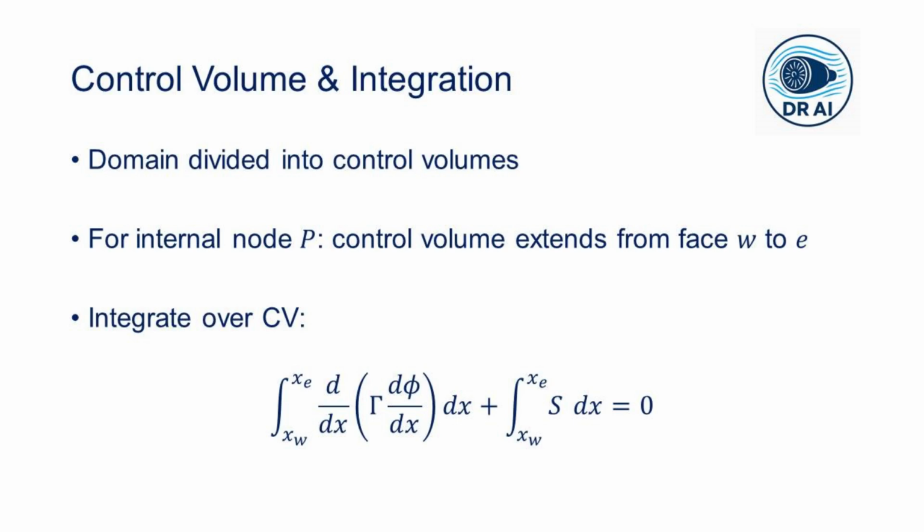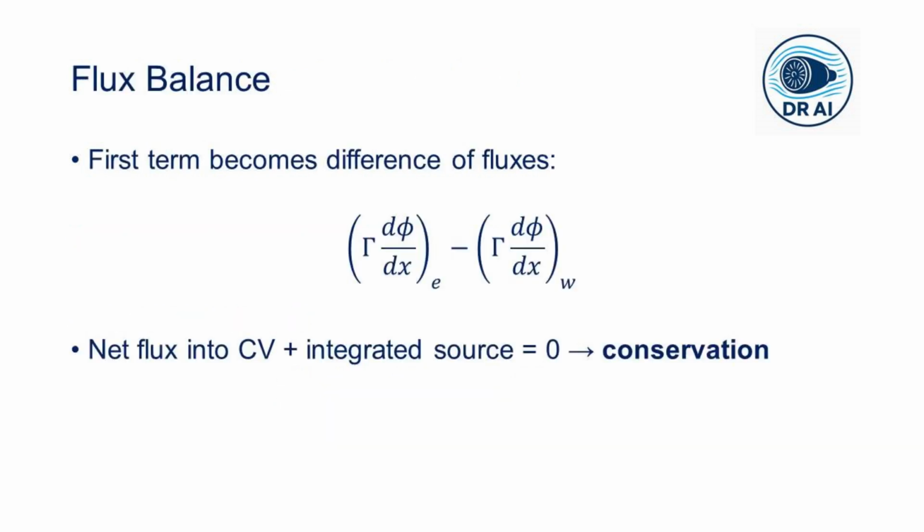We can get the integral equation as we can see over here. The first term is the difference of the fluxes at the faces, so this is the net flux into the control volume. The second term is the total source within the volume. So the equation says that the net flux plus source equals zero, which is exactly the conservation.